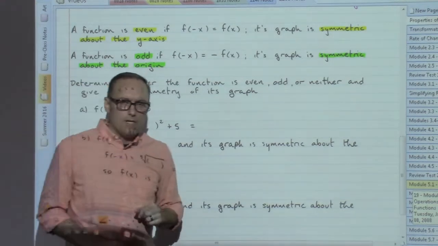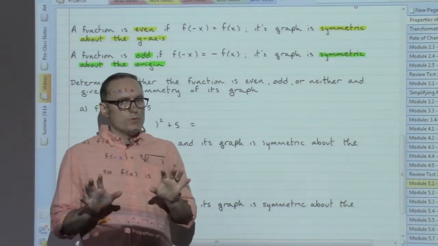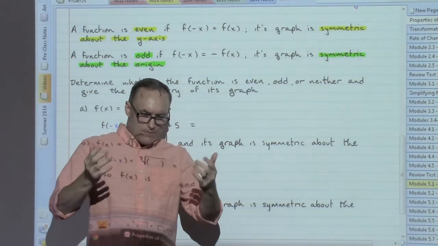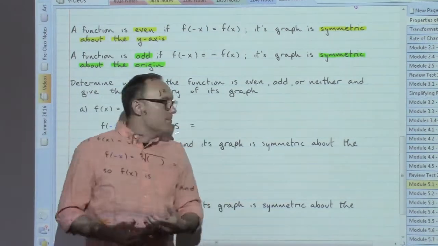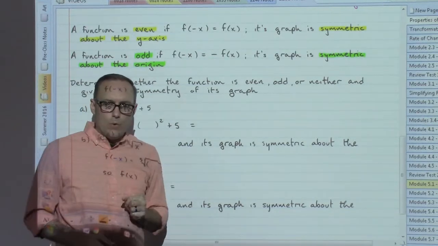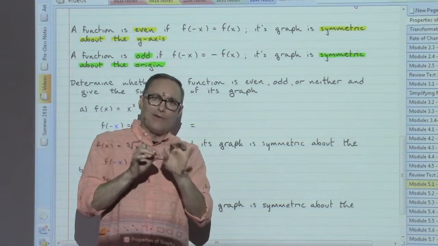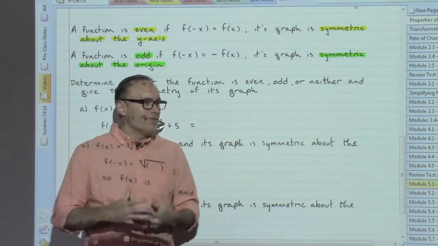Symmetric about the origin is a little bit more unusual, because that's not necessarily thinking of something like a mirror. The origin is a point. How on earth do we have a mirror that's just at that single point? That's kind of on the weird side.